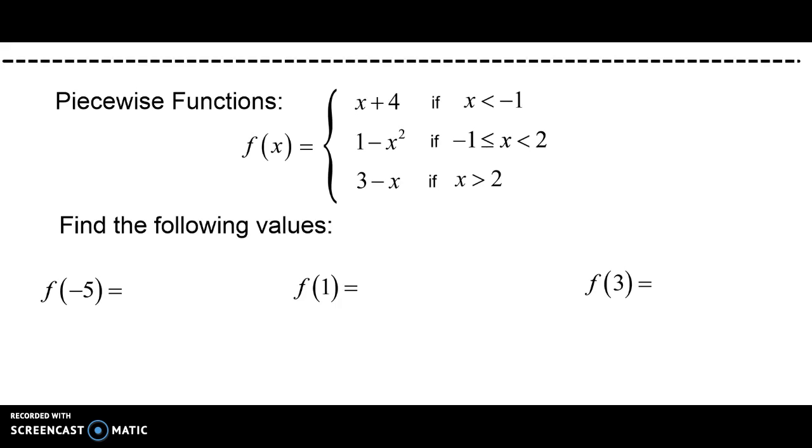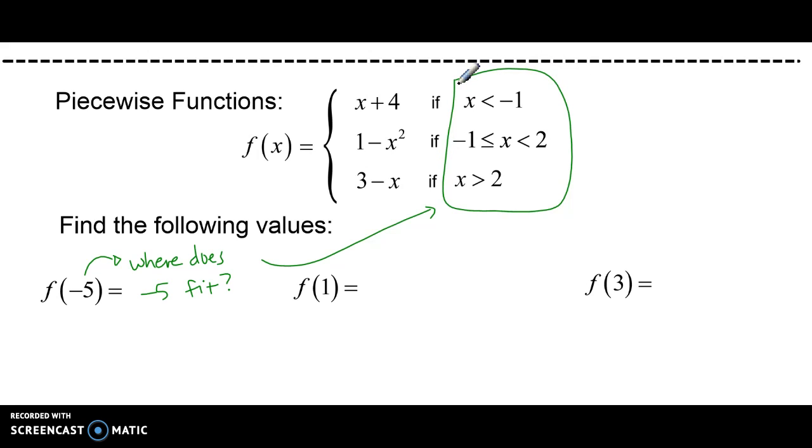Find the following values. Find f of negative 5, find f of 1, find f of 3. So here's how this works. The first thing you have to do is figure out where does negative 5 fit into this function. And the way you answer that is by looking at these inequalities here first. And for those inequalities, negative 5 only fits one of them. It fits the top one.